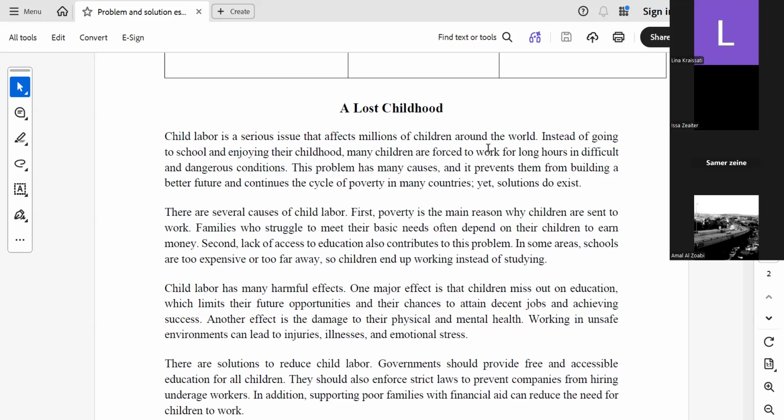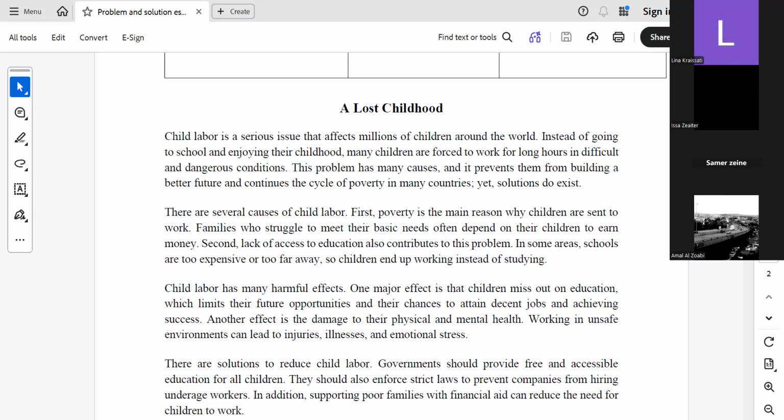This problem, which is child labor, has many causes, and it prevents them from building a better future and continues the cycle of poverty in many countries. Yet solutions do exist. So here I mentioned that it has causes as well as effects. Yet solutions do exist. Okay?